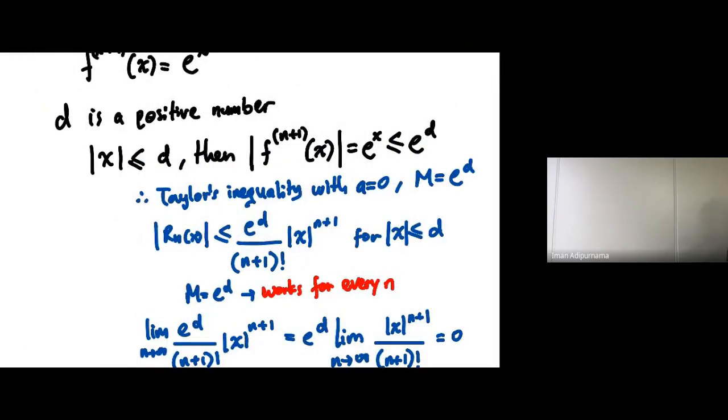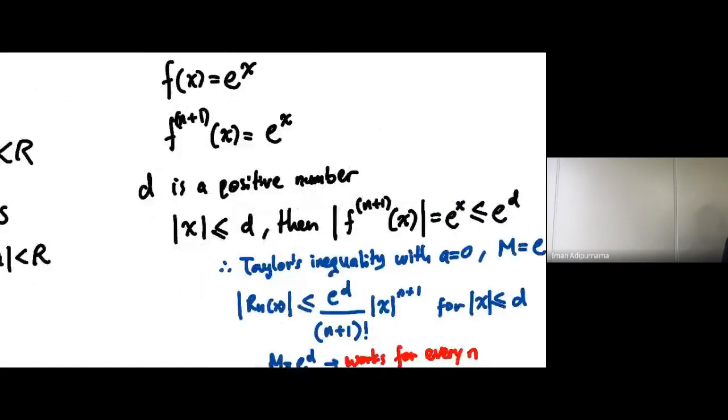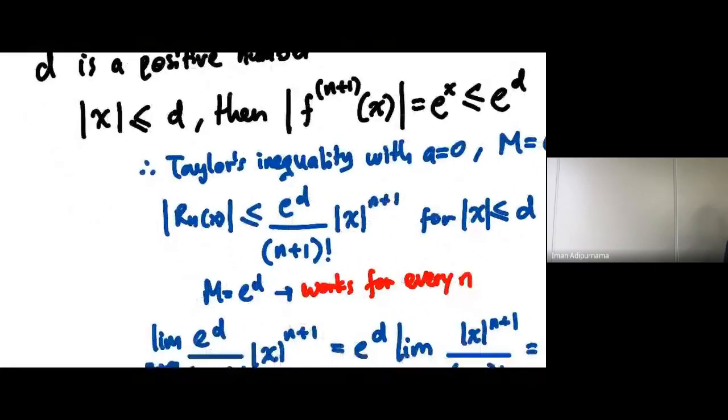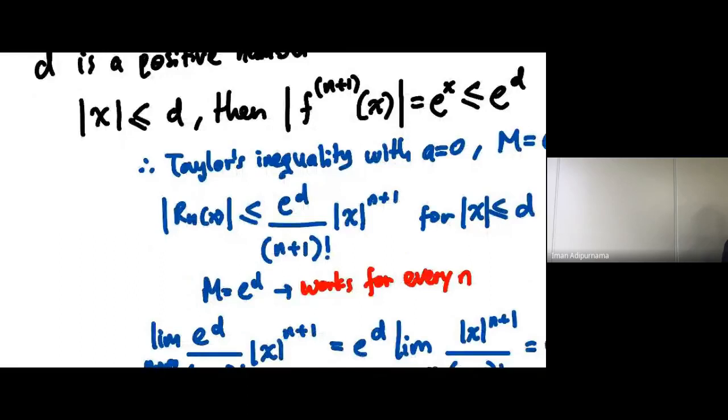It depends on the function that we want to observe. For example, this case is e to the x. It's simple because if you differentiate e to the x, it's just e to the x. So whatever the value of x, or in this case d, if d is a positive number, it will be a constant value that's still e to the d, and it will be easier to follow if you are putting it in an inequality. Okay.